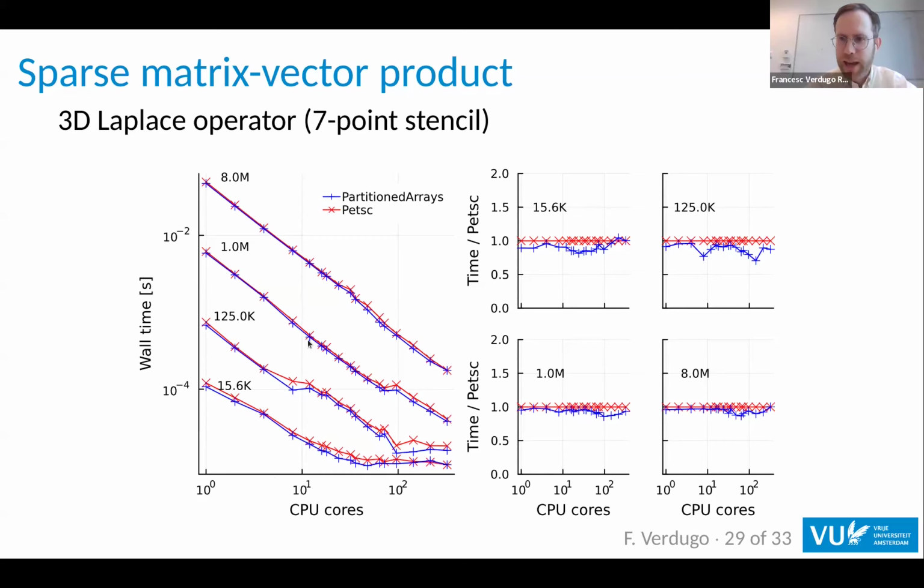Here I'm comparing against PETSc, which is the gold standard in this field and also implements similar algorithms. By the way, the matrix is a 7-point stencil, so a 3D Laplace operator. For this case, partition arrays is as fast as PETSc, and in fact even a bit faster, as you can see.